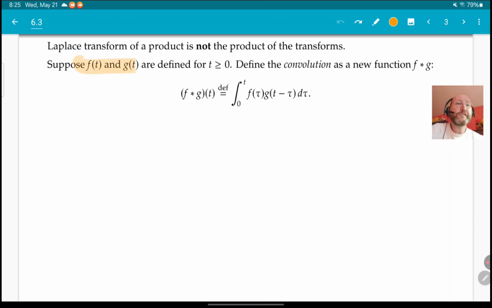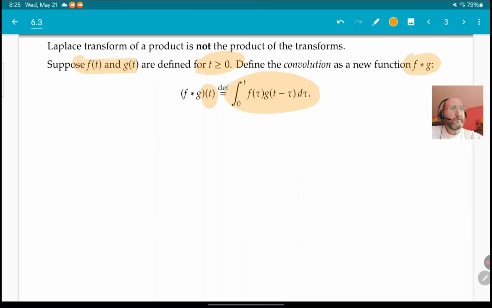If you have two functions defined for positive time, we're doing Laplace transform after all, we have a new function f star g, and again it's a function of time, again for positive time t, and it has this formula.